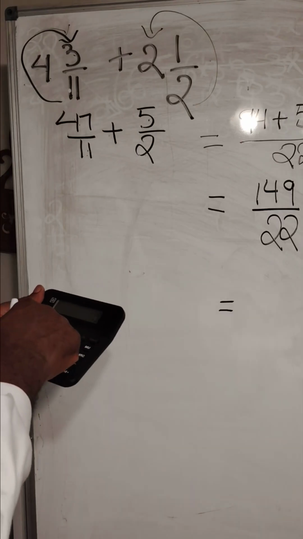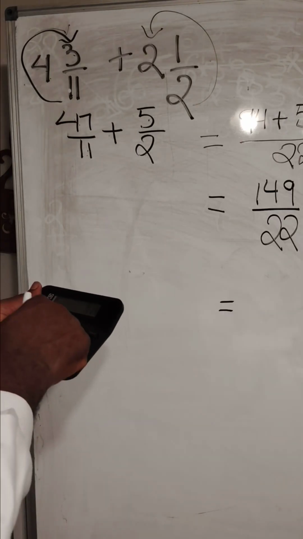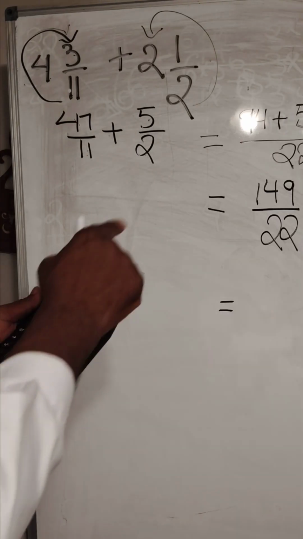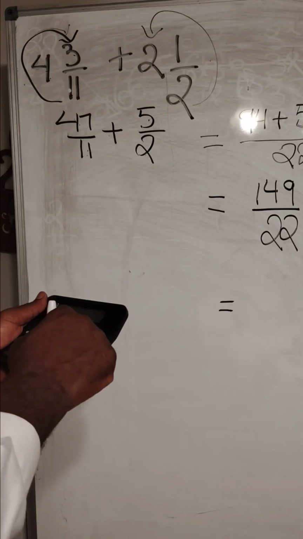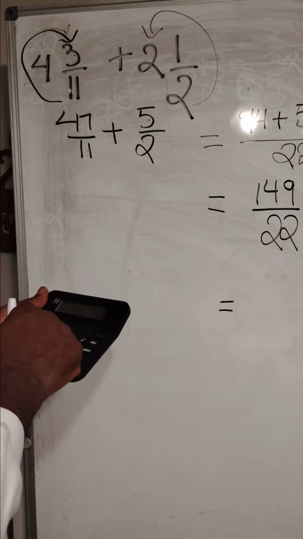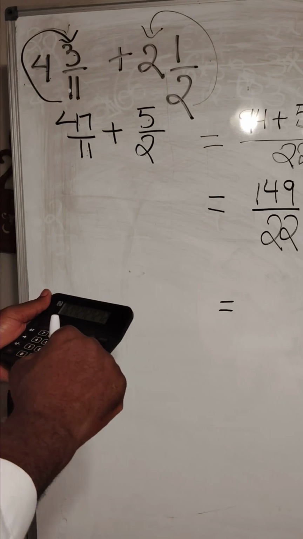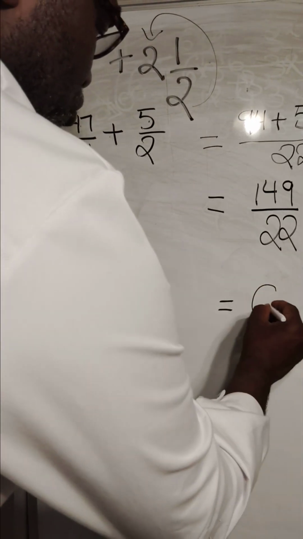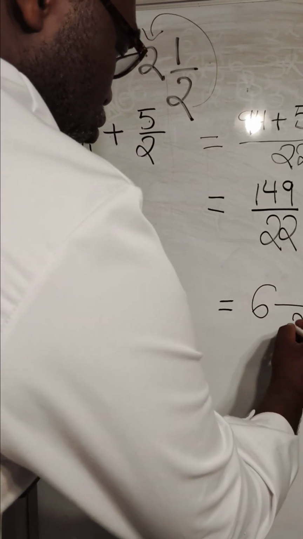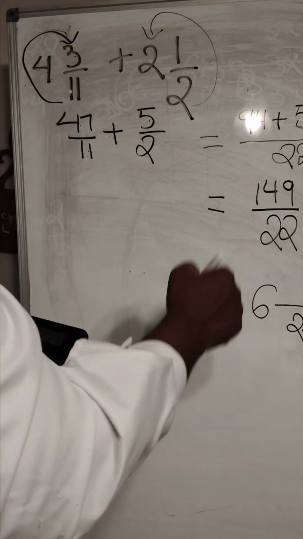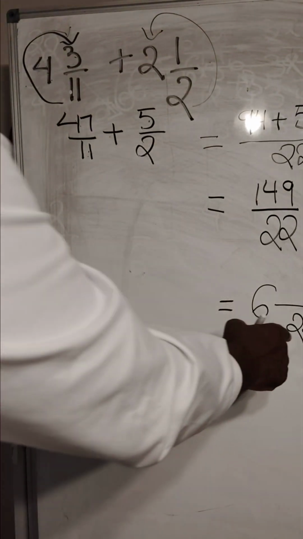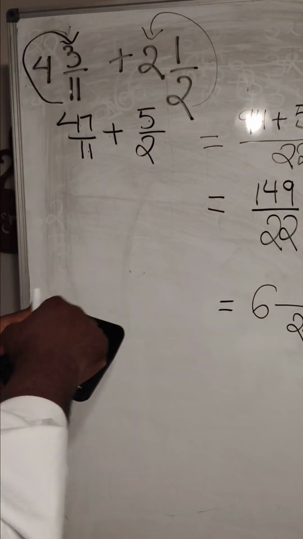All right, so let's see how many times 22 is gonna go into 149. I get 149 divided by 22. It'll give me 6. So I'll put the 6 right there. 22 will be over there. It will go 6 times in 149.